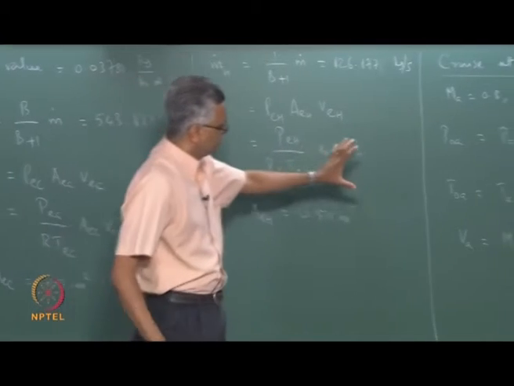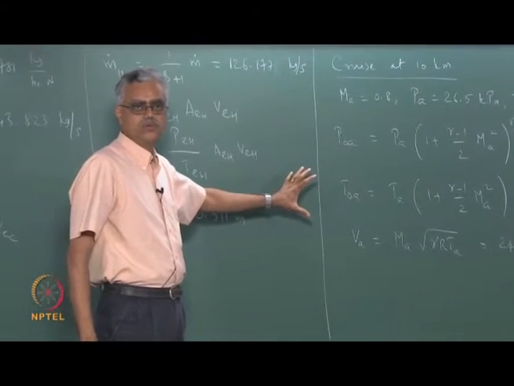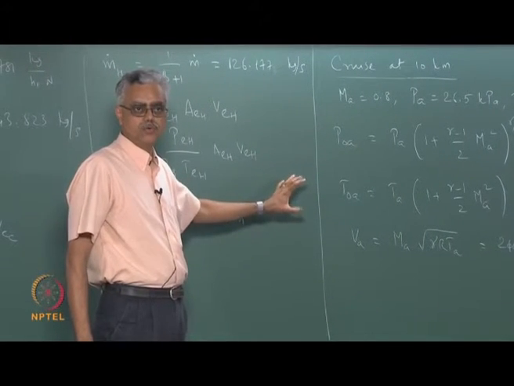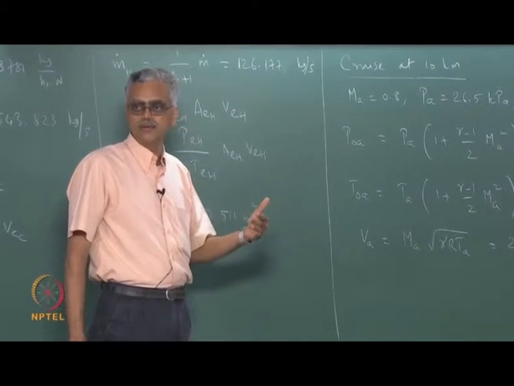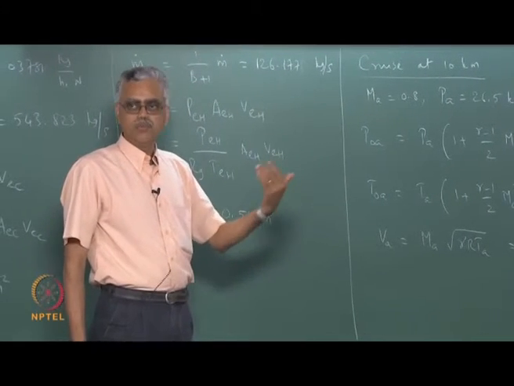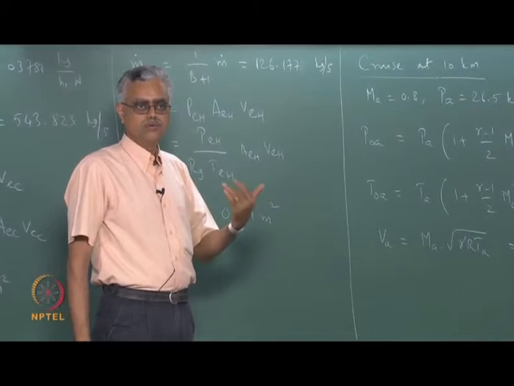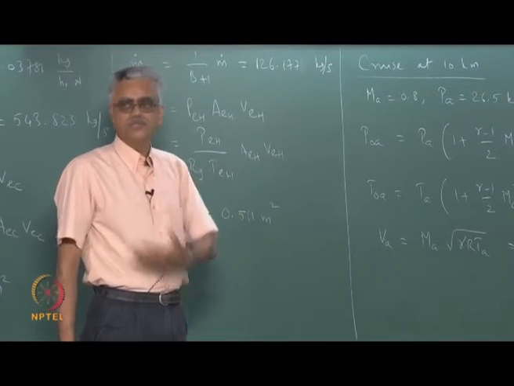So starting from these free stream conditions, we will go through each and every state as we did before. So we go to the end of the inlet, end of the fan nozzle, which completes the fan stream. Then we will go to the compressor core stream and then finish the calculation.